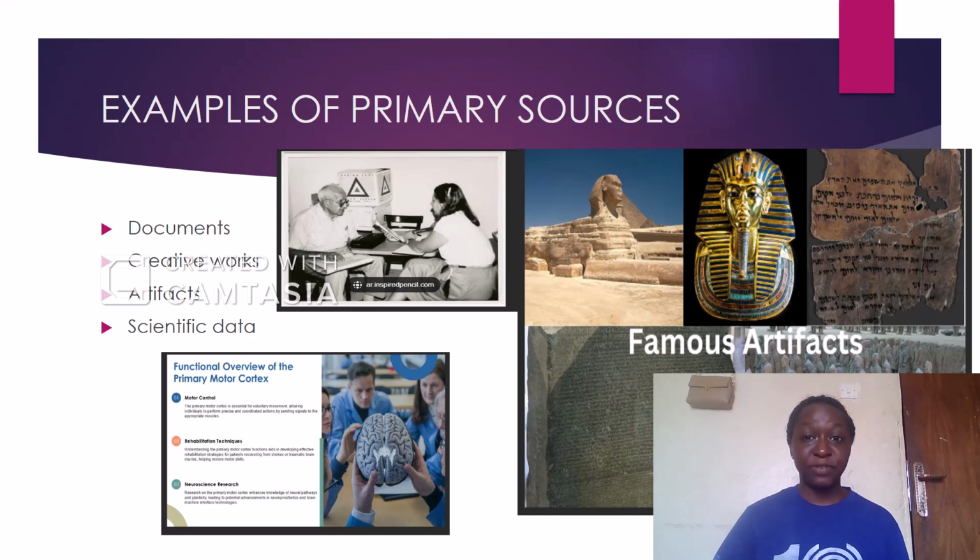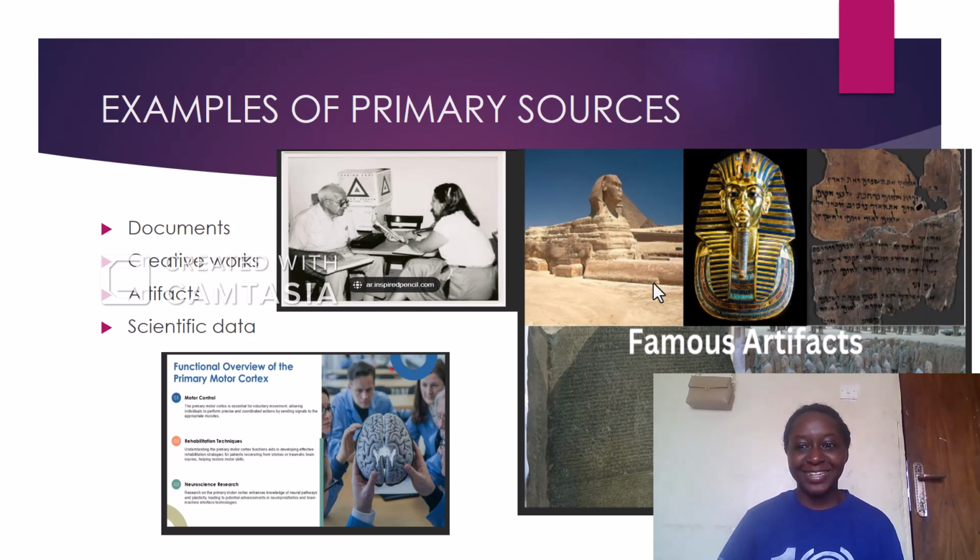So here are some examples of primary sources. We have documents, creative work, artifacts, and scientific data. And I think if you look at these pictures, this is an example of scientific data. These are some of the famous artifacts.